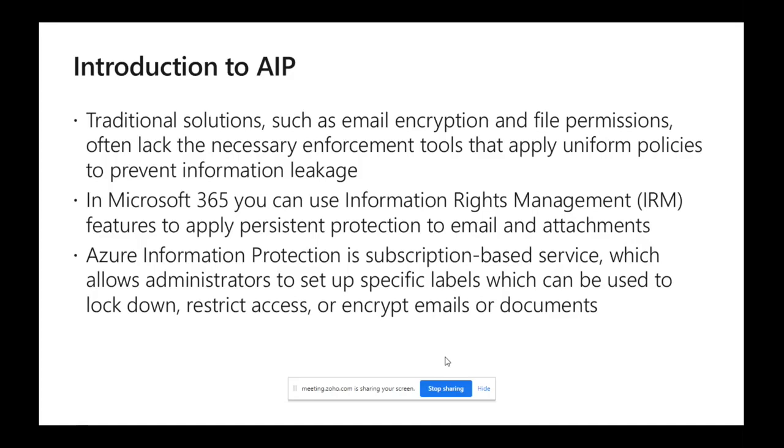In Microsoft 365, you can use information rights management features to apply persistent protection to email and attachments. Firstly, I will not be talking about what this feature has to offer. Rather, we will be discussing security as a whole and the concept, which is a more realistic approach in terms of security, your governance and business.